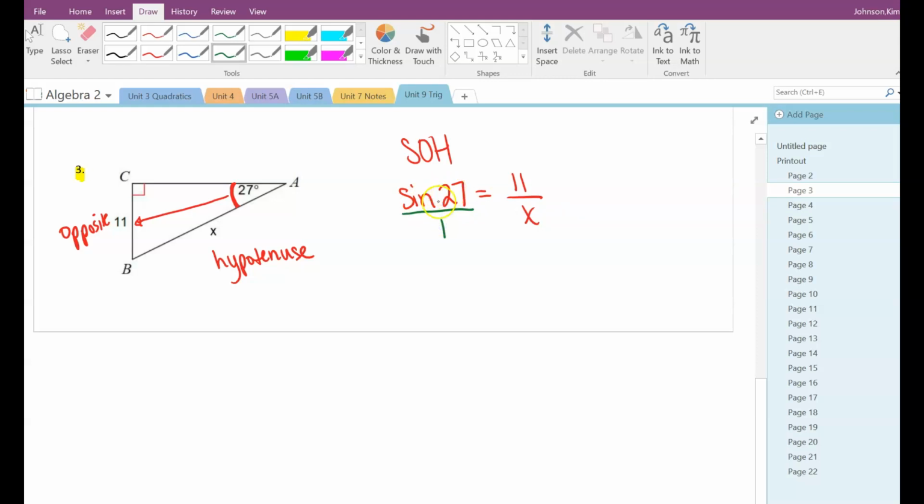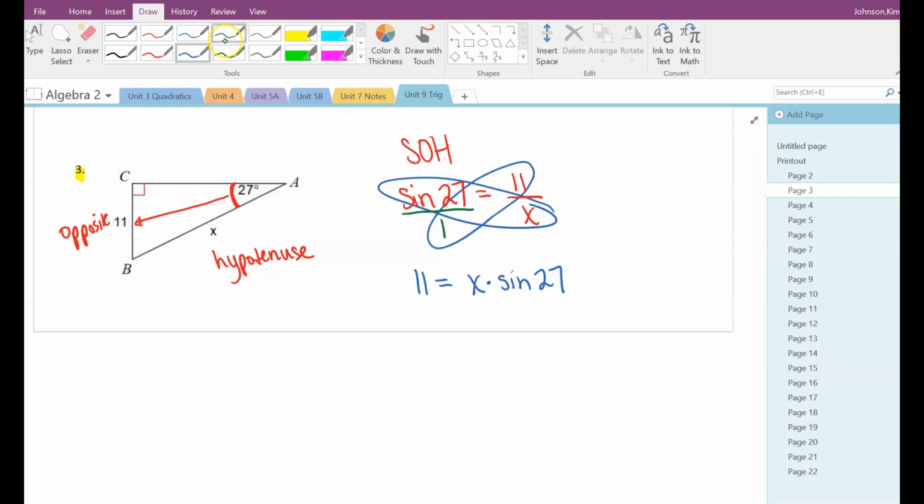So I'm going to write sine of 27 over 1 because that's the same thing. And now I can go ahead and solve this by cross multiplying. So 11 times 1 is 11. That should equal x multiplied by the sine of 27. To isolate the variable x, we're going to divide both sides by sine of 27.